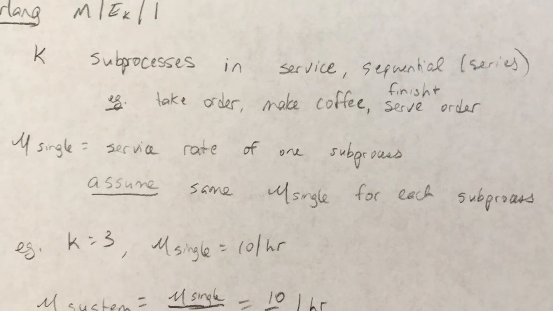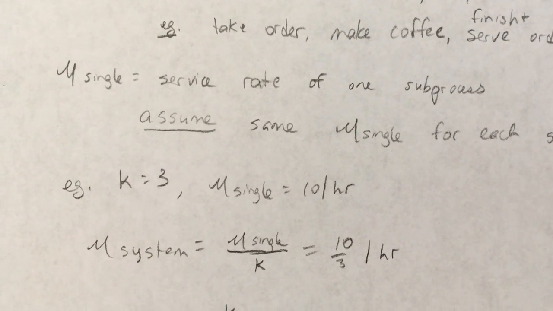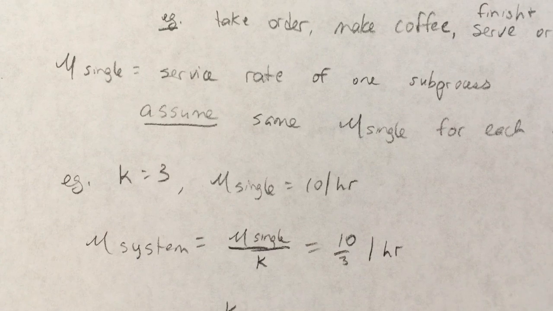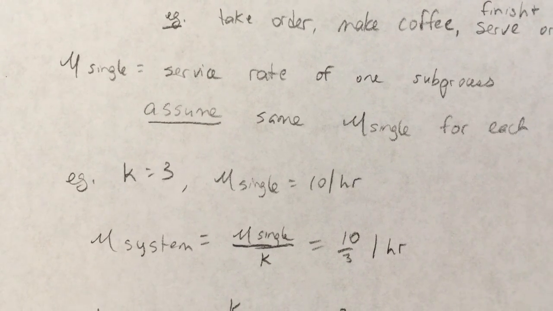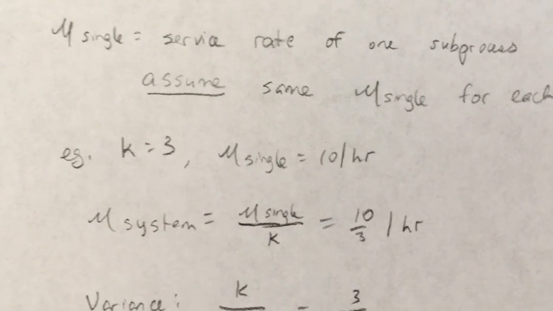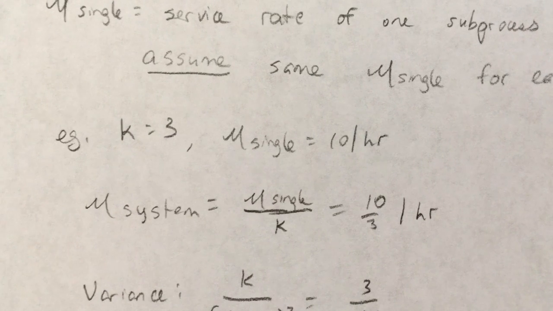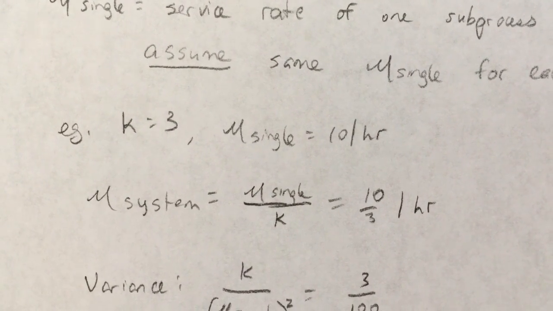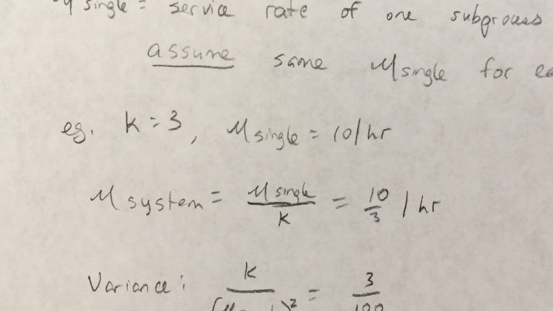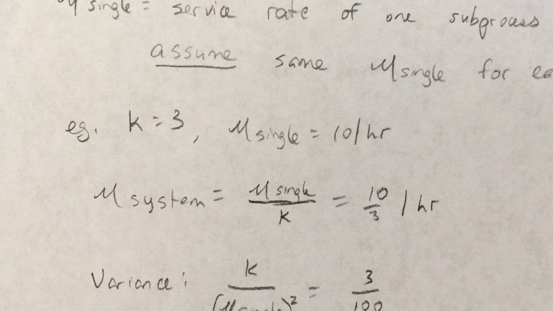So for example, in a coffee shop example, where let's say you have 3 sub-processes, and each of the sub-processes has a rate of 10 per hour. Now your rate for the whole system is just going to be the rate for one of the sub-processes divided by K. So in this case, you're going to process 10/3 per hour. So it's 3 times as slow as the rate for just a single sub-process.